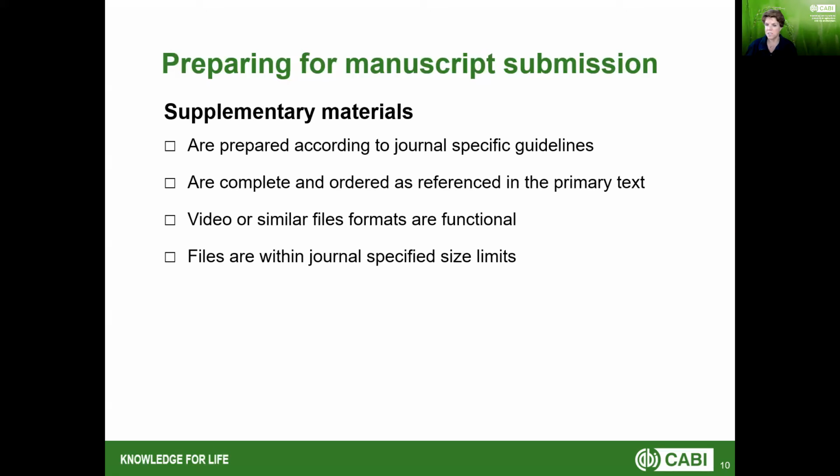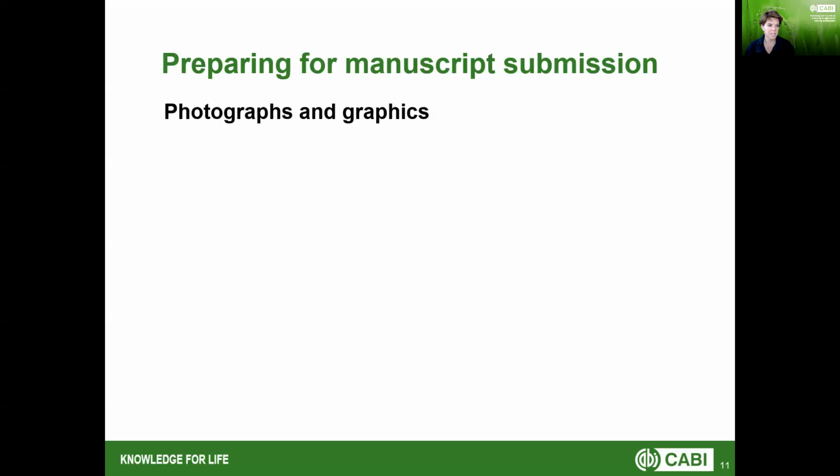These are the same things as the primary manuscript, but you need to make sure that those materials that you upload as supplementary materials are equally aligned with the journal requirements. So that's complete, correct size limits, file formats.